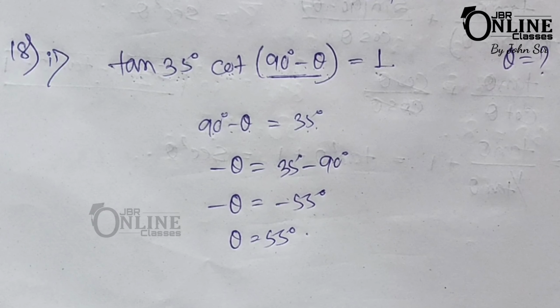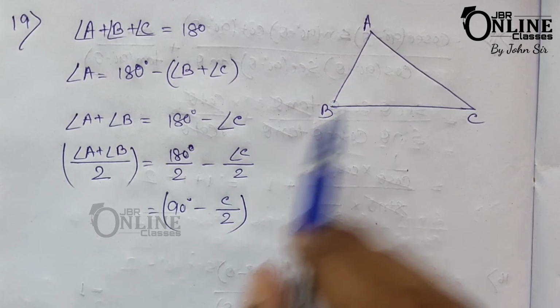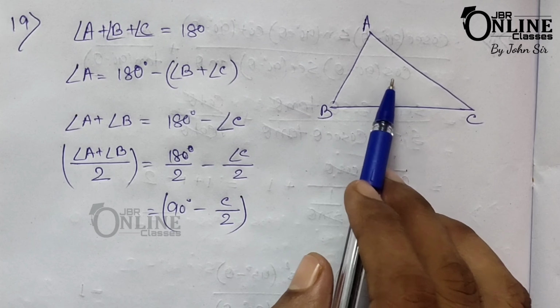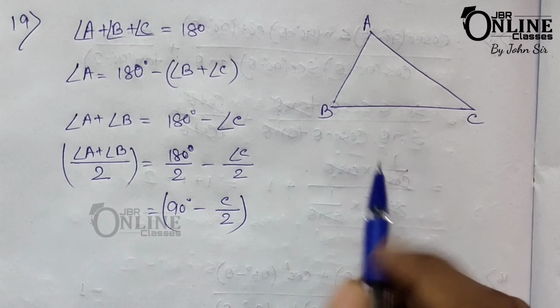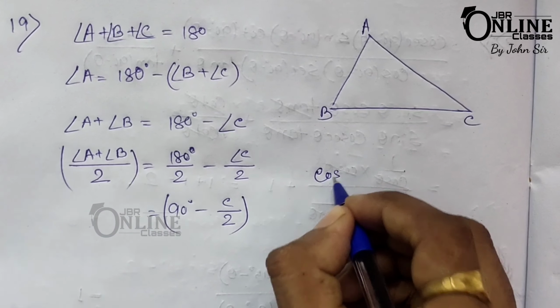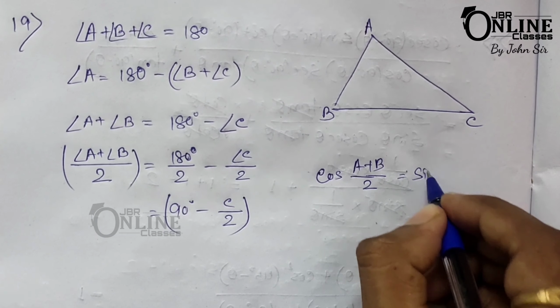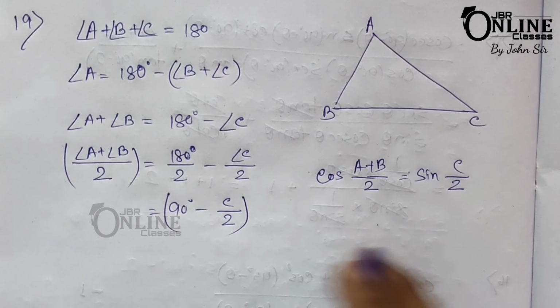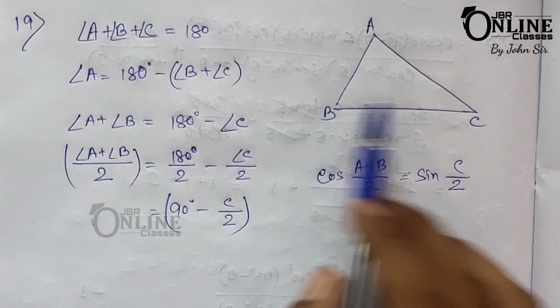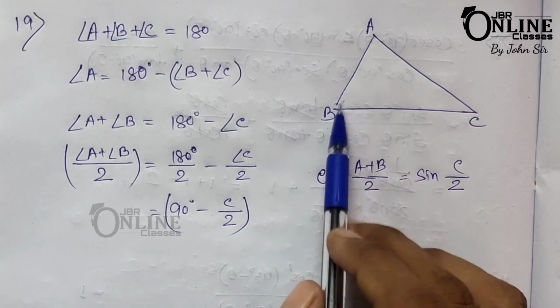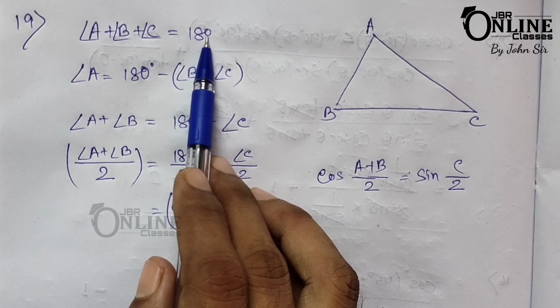Sum number 19. If A, B, C are the interior angles of triangle ABC, then show that the first one, cos A plus B by 2 equals sin C by 2. As A, B, C are the interior angles, the addition of these three angles equals 180 degree.